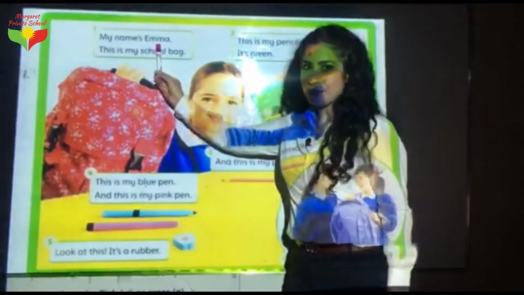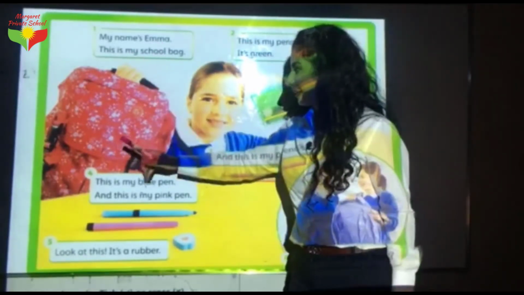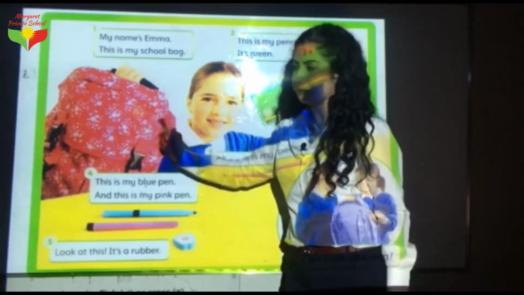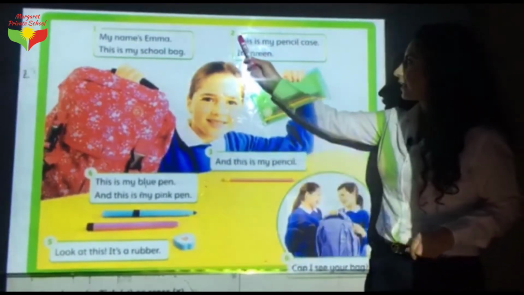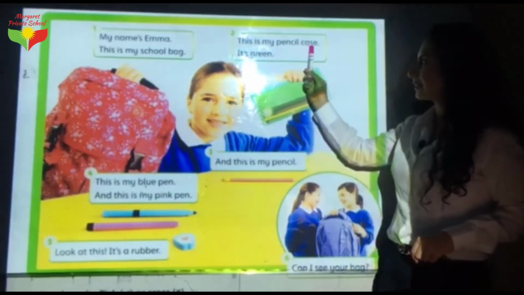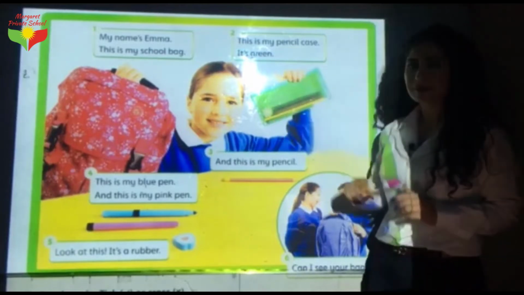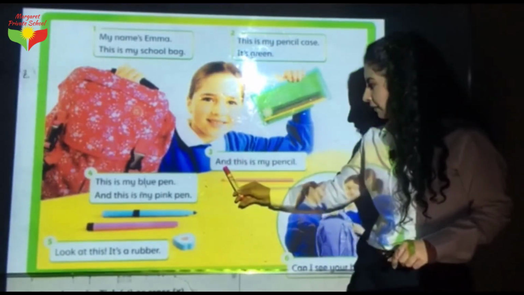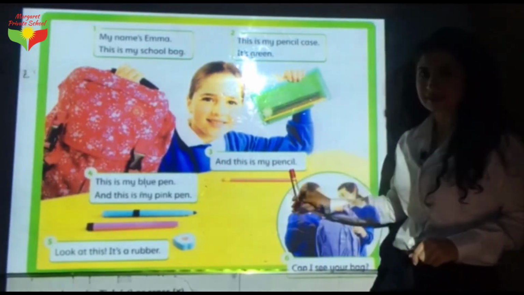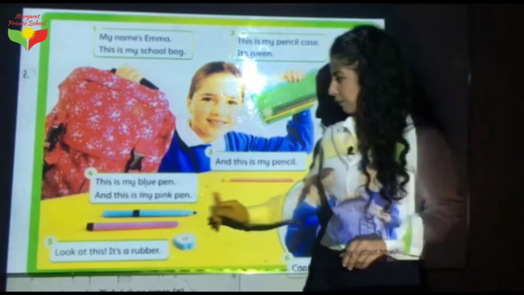My name is Emma. This is my school bag. This red one. Okay. The second one. This is my pencil case. It's green. The third one. And this is my pencil. The fourth one.